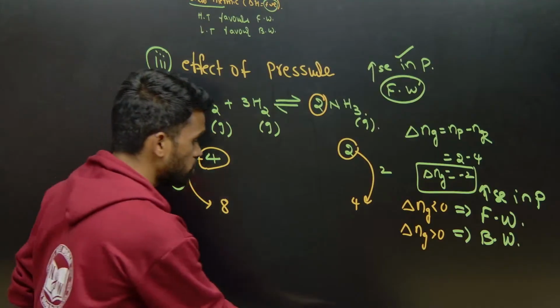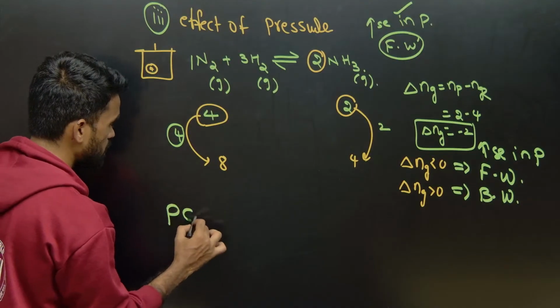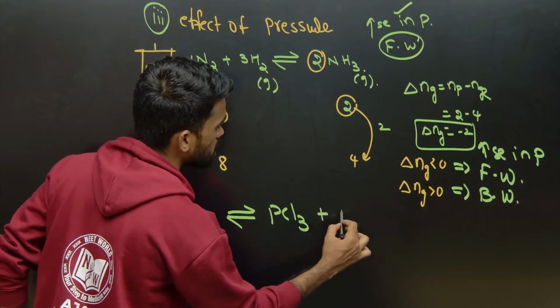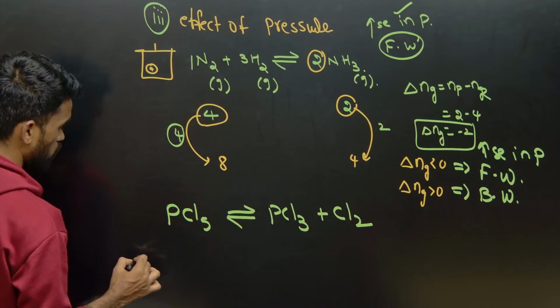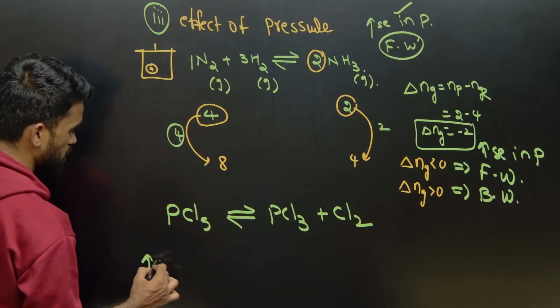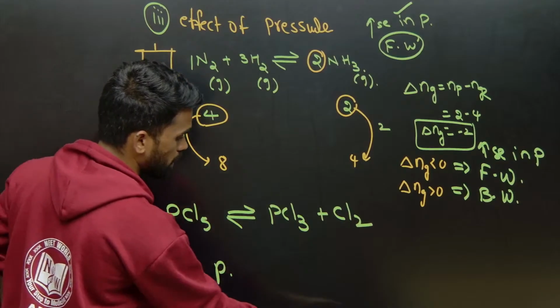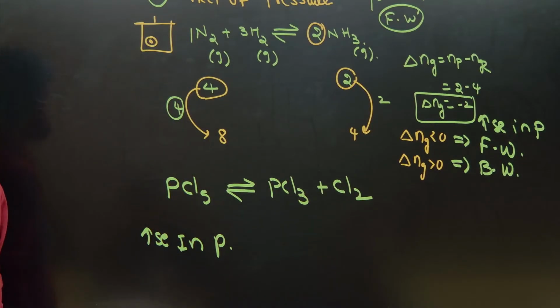Now tell me, PCl5 undergoes decomposition to give PCl3 plus Cl2. So delta Ng is 1. If I increase the pressure, what happens to the equilibrium? Backward. Why backward?